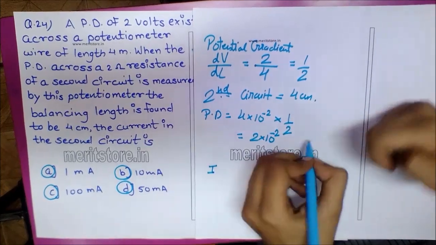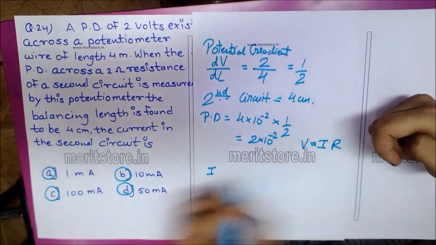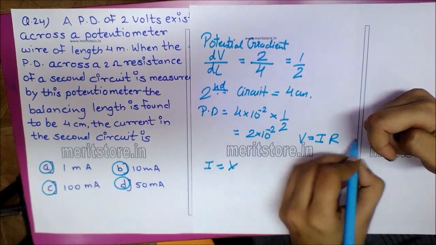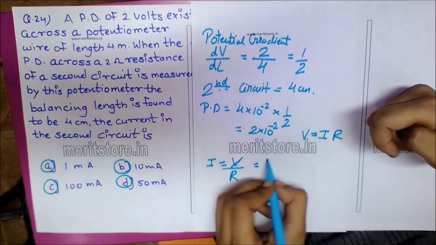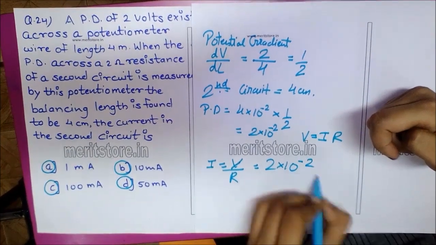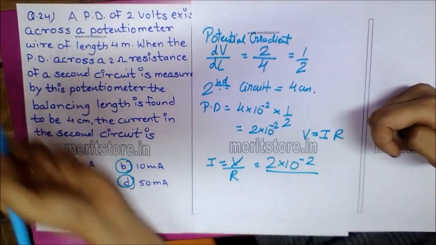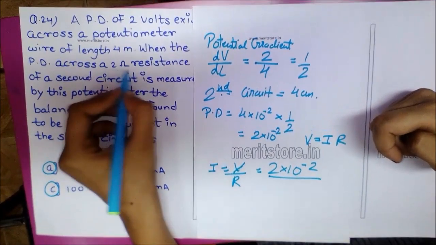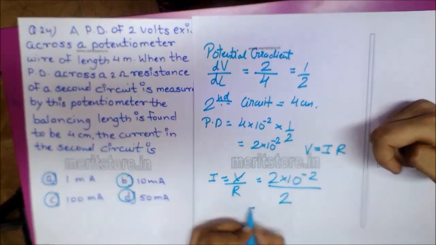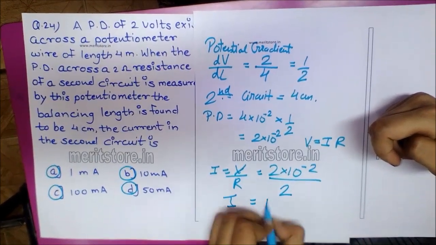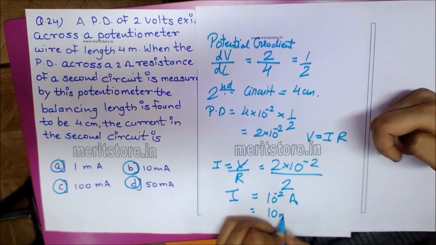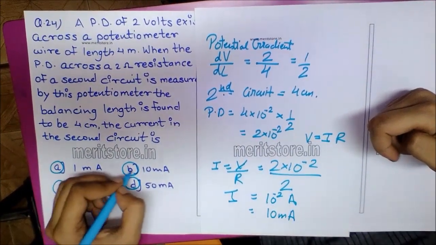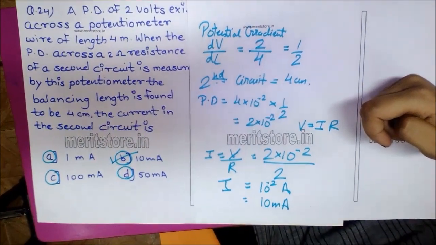Current is I. We have the formula V is equals to IR. Therefore I will be V upon R. V we have already found out as 2 into 10 raised to minus 2, upon R, which is already given to us as 2 ohms. Therefore, I boils down to 10 raised to minus 2 amperes, which is basically 10 milliamperes. Option B is the correct option.